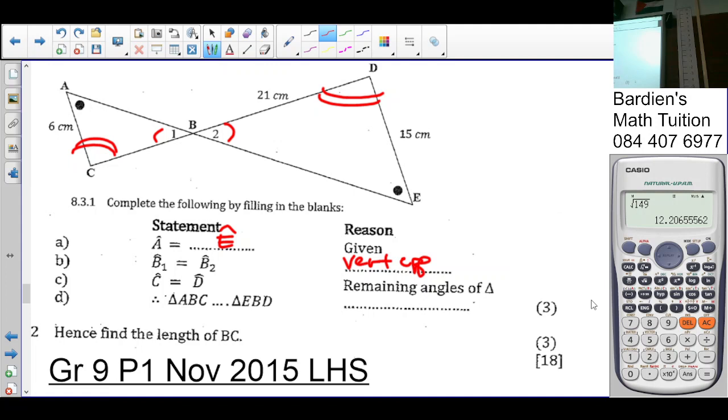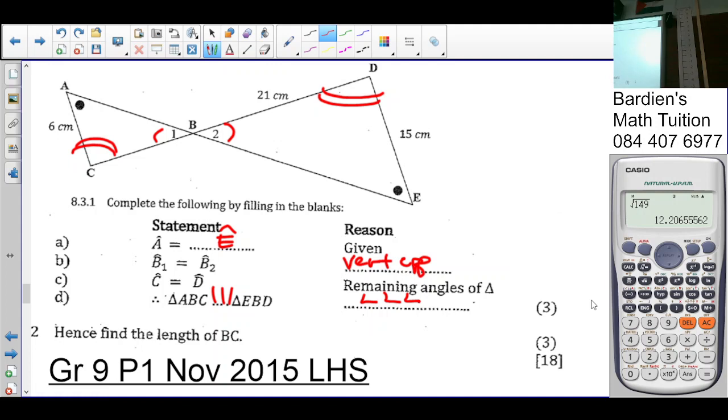In similarity, we use only angles. And the question that follows a similarity question will always be a distance question, as you're going to see, most of the time. So what's the reason? Angle, angle, angle.